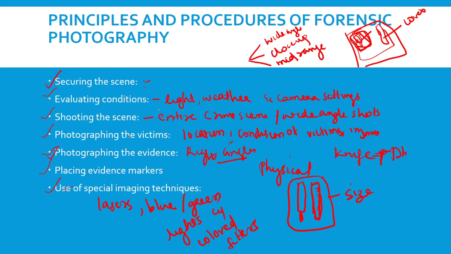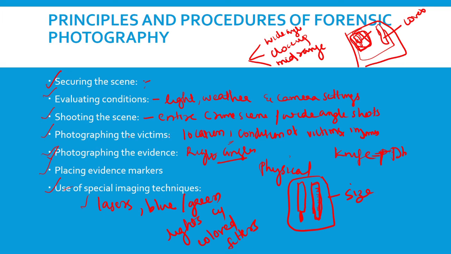And then you can take the photograph. So you can use lasers, blue or green lights, or any other colored filter in order to detect these bite marks, fingerprints, and any other evidence. And then you have to take photographs. That is the use of special imaging techniques.